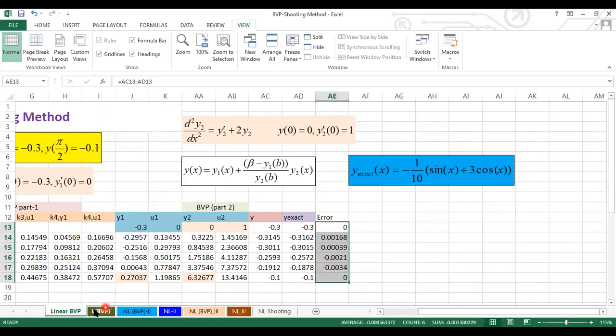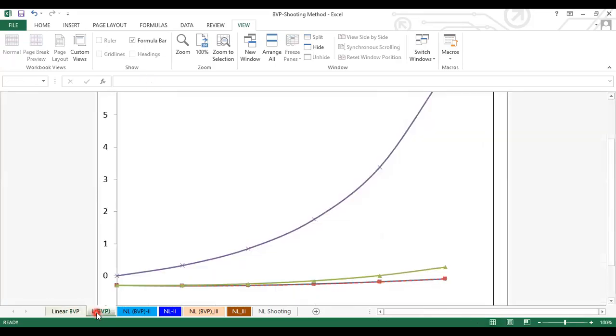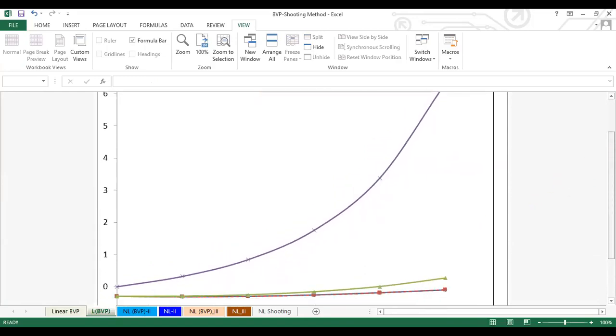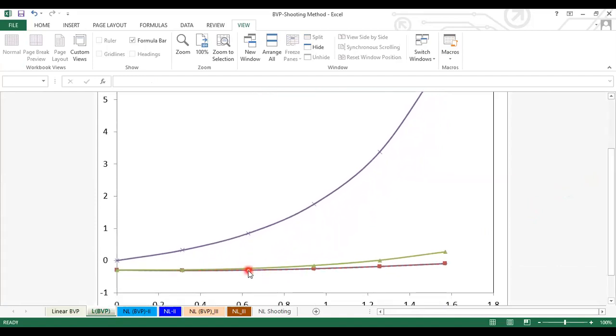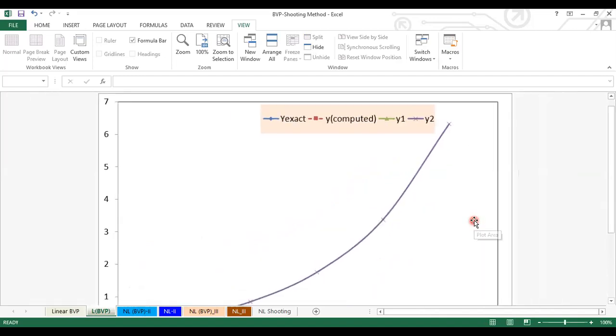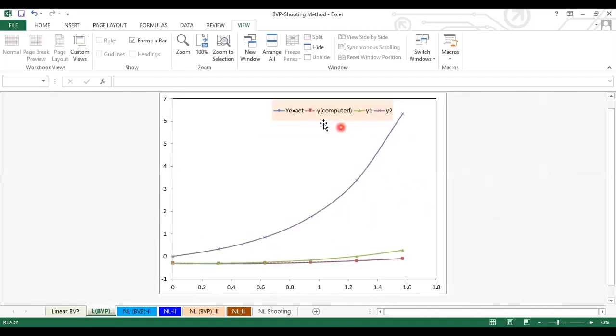The final thing is to plot these solutions. So we have this form. Y1 of x has been plotted as this green line. Y2 of x is this indigo colored line. You can see the solution starts from 0. And if you clearly notice, the exact solution has been overlapped by the dotted red colored line.